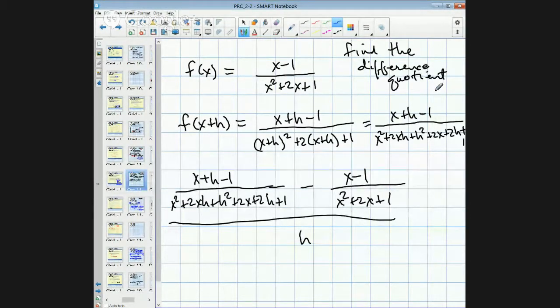So what does that mean? I got to find f of x plus h. So I got to take this expression, and every place there was an x, I have to replace it with an x plus h. So do you see how I did that from here to here? You see how I just took every x and replaced it with x plus h?